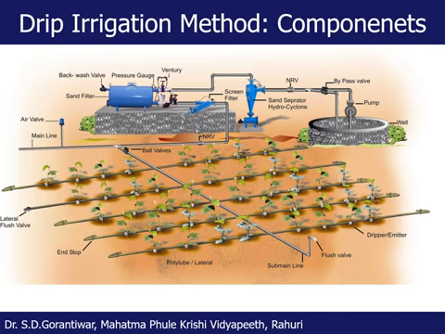Water from the hydrocyclone filter then goes to the sand filter, and before the sand filter there is a venturi, which means there is a fertigation device. Now there are different kinds of fertigation devices which we'll see later in this lecture as far as types are concerned. Venturi is one such fertilizer applicator.